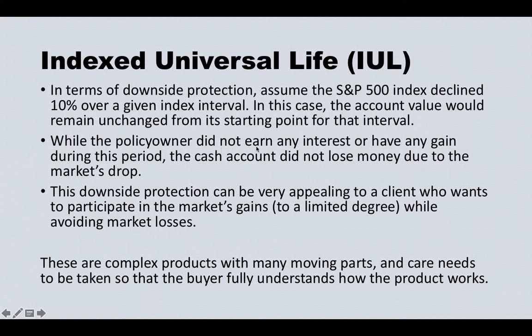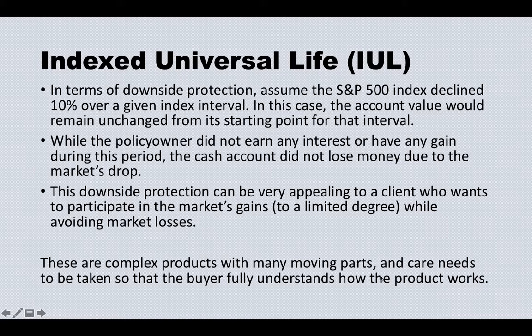While the policy owner did not earn any interest or gain during this period, the cash value did not lose money due to the market drop. The downside protection can be very appealing to clients who want to participate in the market gains while avoiding the loss. These are complex products with many moving parts, and care needs to be taken so that buyers fully understand how the product works.